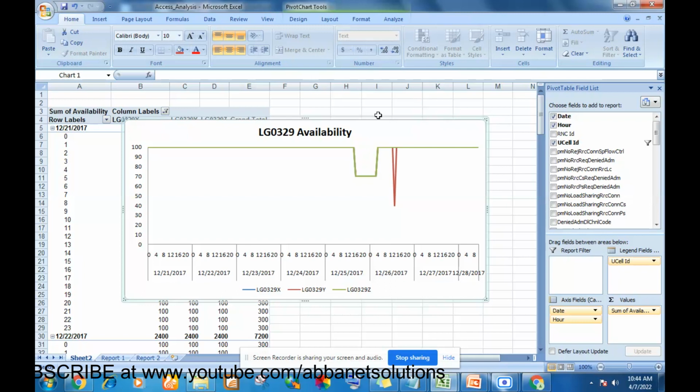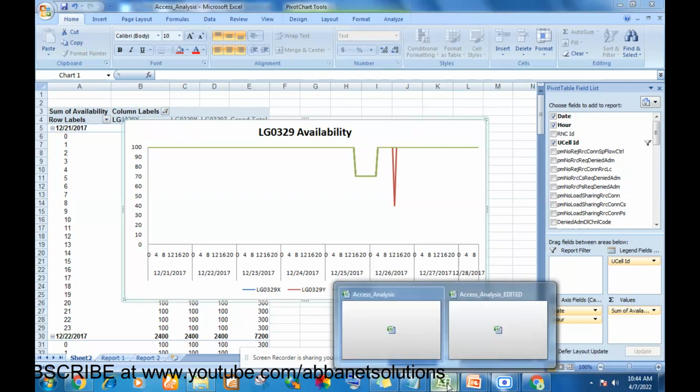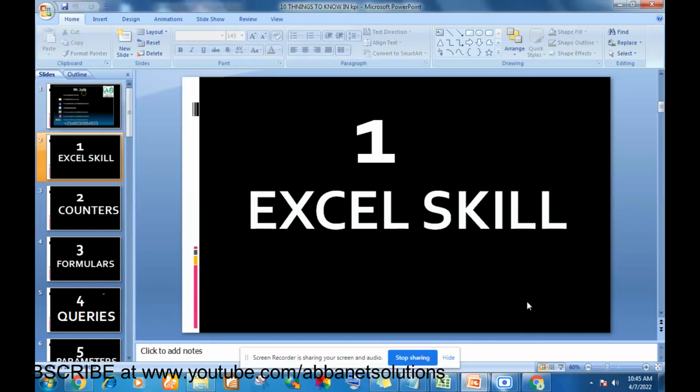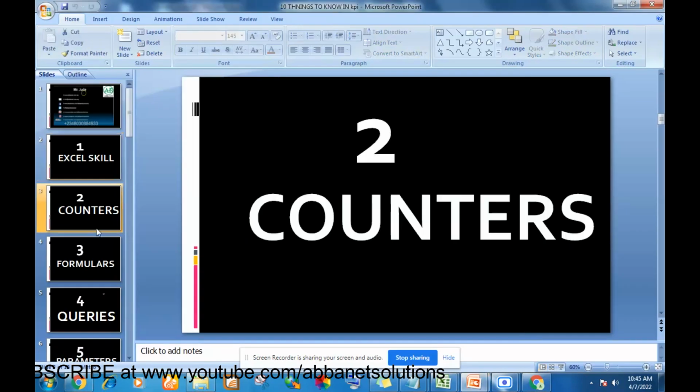For all KPIs, you will always prepare this kind of Excel reporting, which we normally send out to show how the KPI was getting bad, you check the trend, and what you've done to improve it, and how you were able to improve it. So Excel skill is the first thing you need to know if you want to be a good KPI engineer.